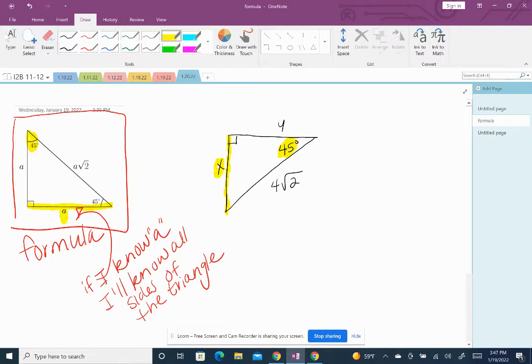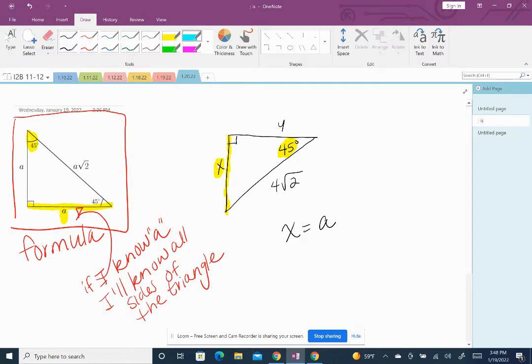Okay, so in my formula, I see that A comes out of the 45. In my image, I see that X comes out of 45. I know those two are going to be equal, so X is equal to A. Doesn't really tell me a whole lot right now, but once I actually know the A value, it's going to make it a lot easier.